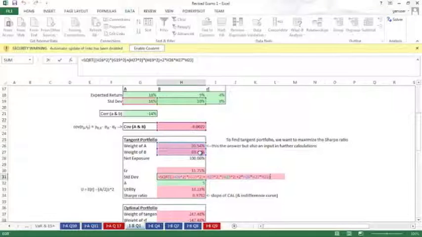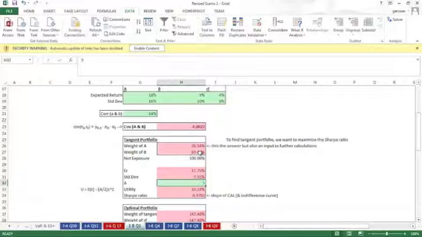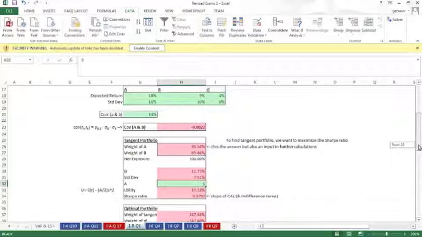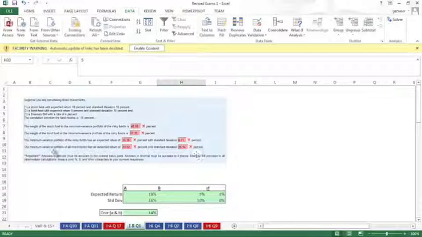And so the ER is 11.75% and the standard deviation is 7.91%, which would have been the answer for question number 3.